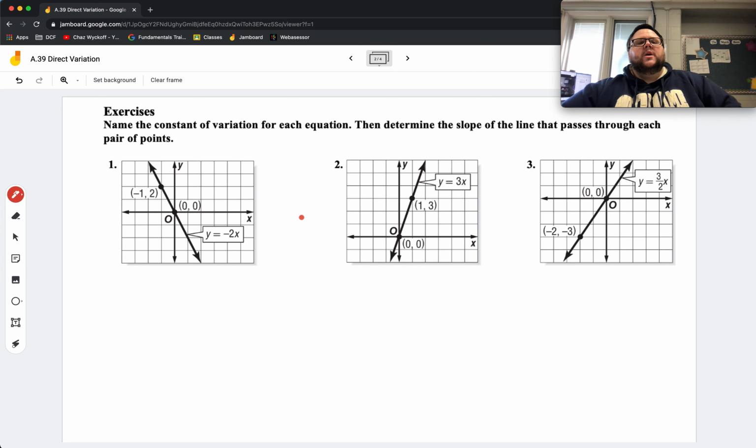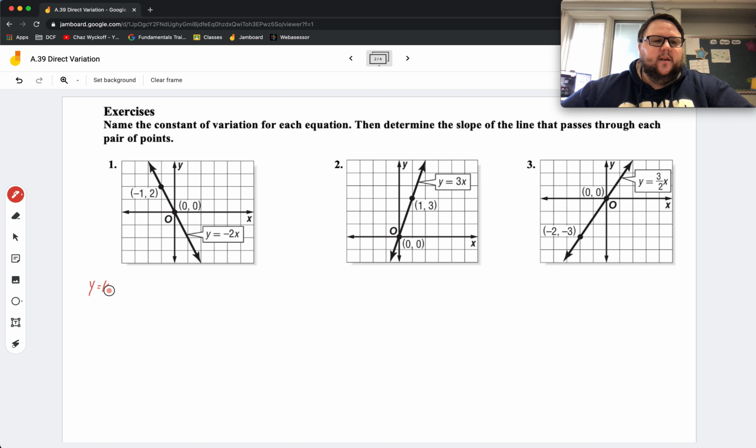I'm going to do one of these problems with you, and then I'm going to let you guys do the rest of them. The first thing I want you to do is name the constant of variation for each equation, then determine the slope of the line that passes through each pair. We remember our equation is y equals kx. So k is negative 2.